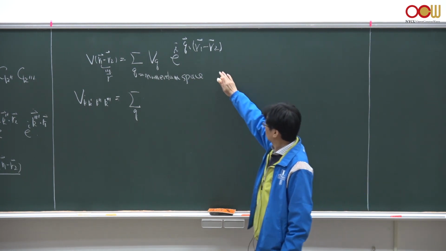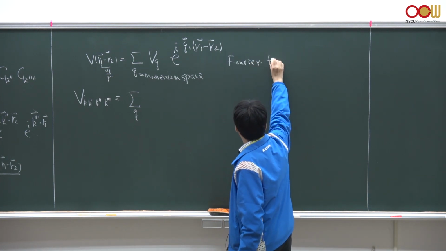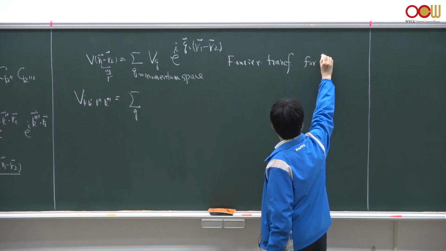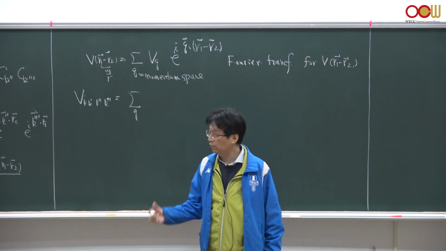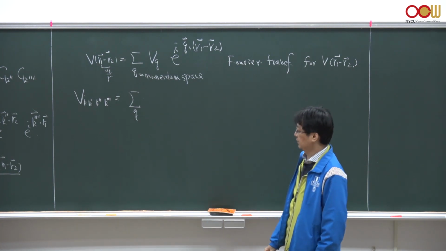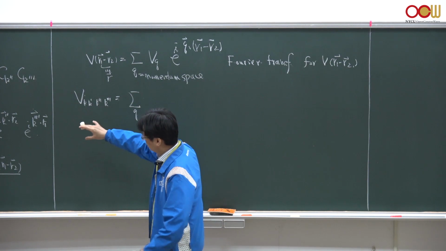So this is nothing but the Fourier transform for V(R1 minus R2). So we transformed everything into K-space form. The reason will become clear. So now let's just combine everything.